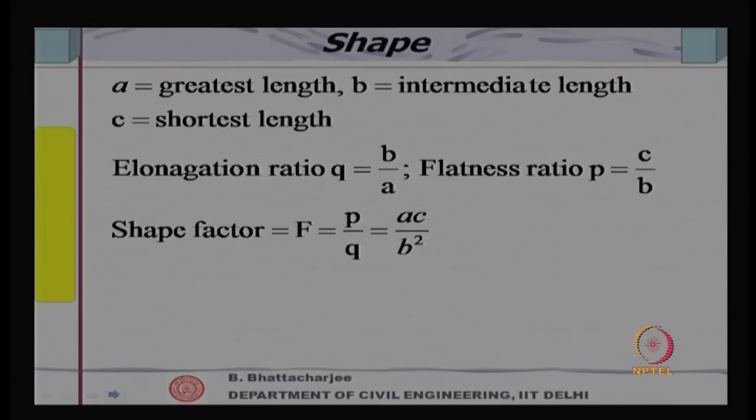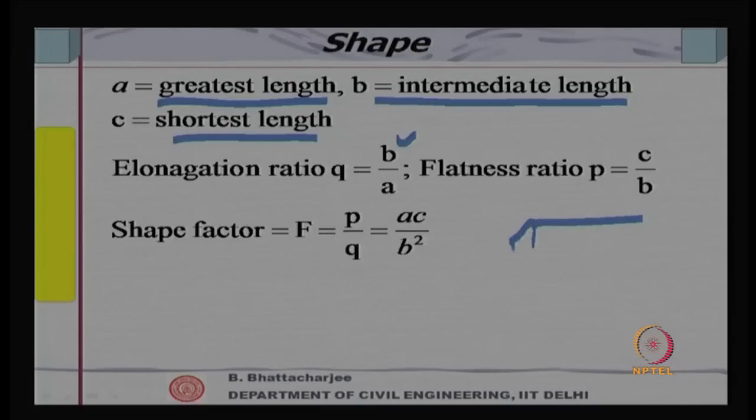Now, numerically, if we want to express some of this aspect related to shape, let us say A is the greatest length, the maximum length, B is the intermediate length and C is the shortest length. So, we define elongation ratio Q as B by A. So, this is my A. B is the intermediate, could be even slightly bigger than this.